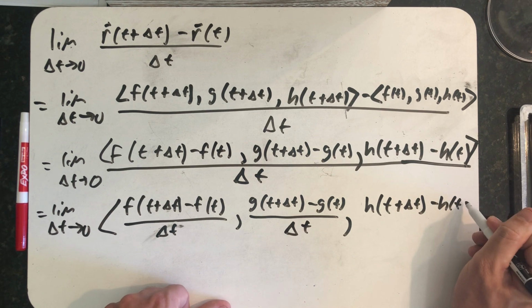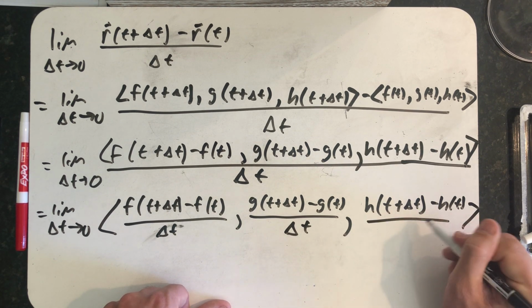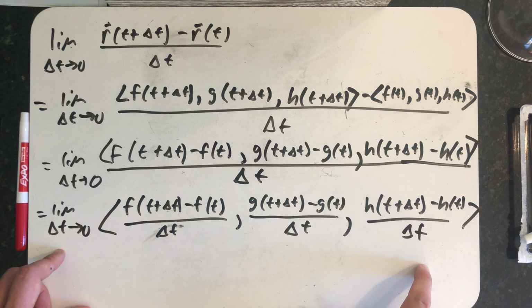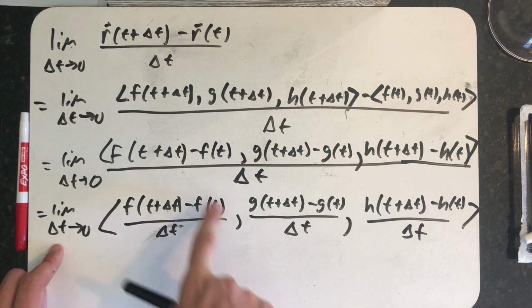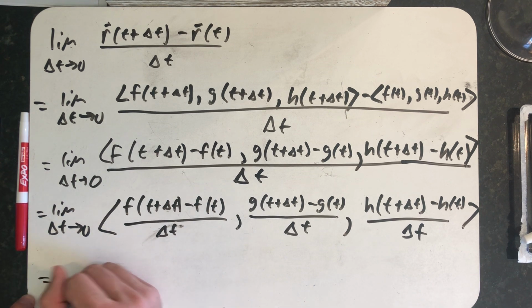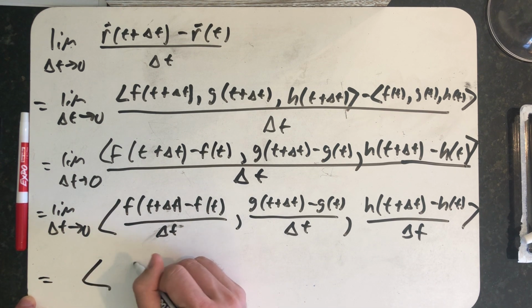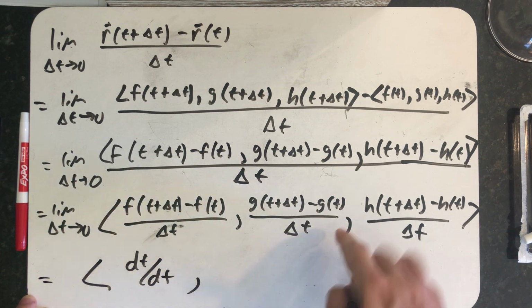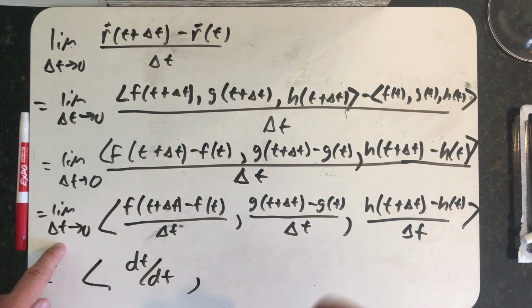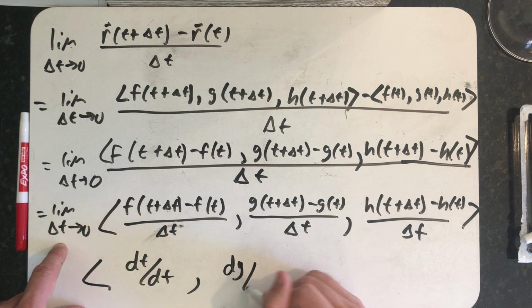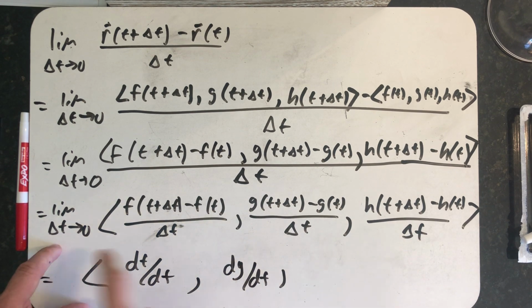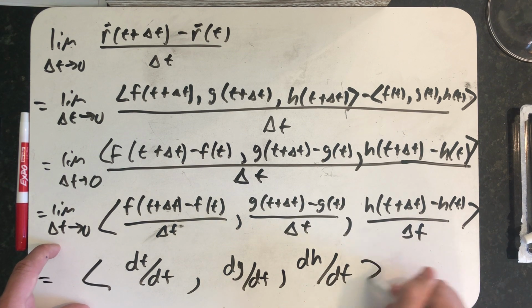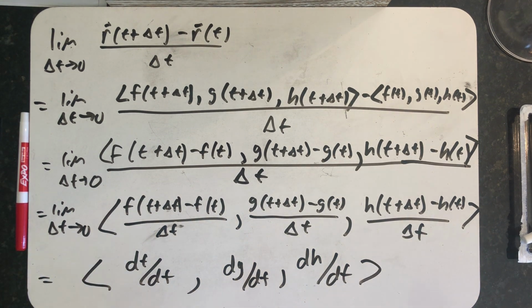The definition of limit for vector functions now says take the limit of all three of these scalar functions. Well, as delta t goes to 0, this is the difference quotient of the function f, so that's df dt. This is the difference quotient of the function g, delta t is going to 0, that's dg dt. And so literally this is just a definition that says take the derivative of all three scalar functions.